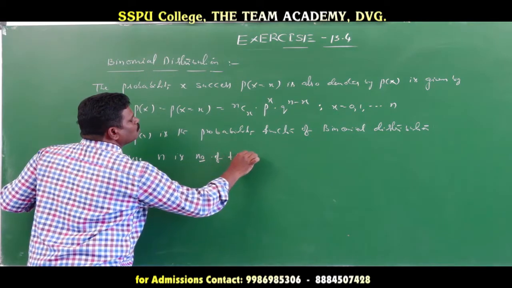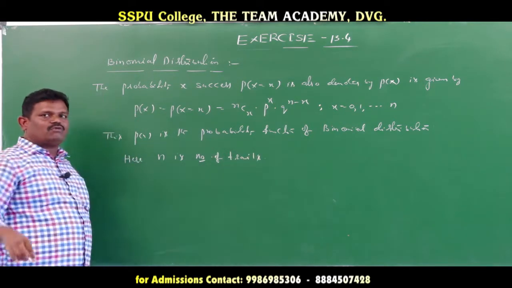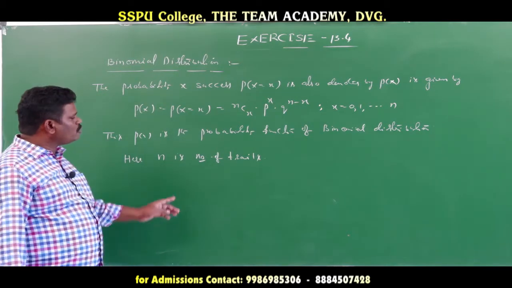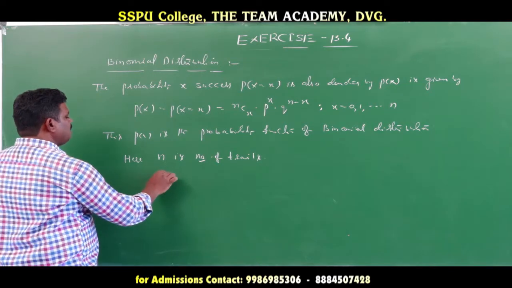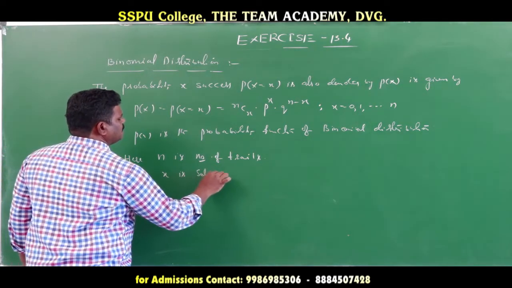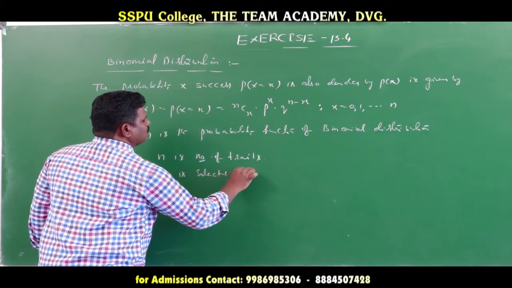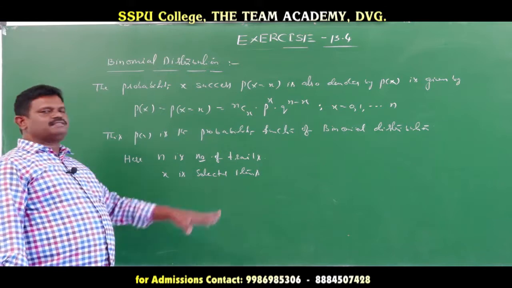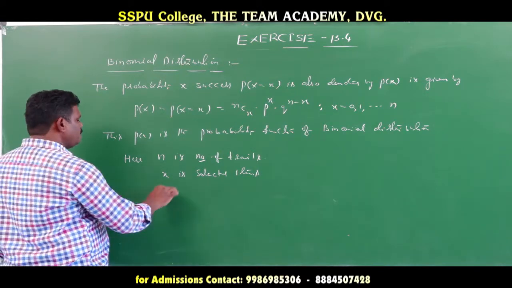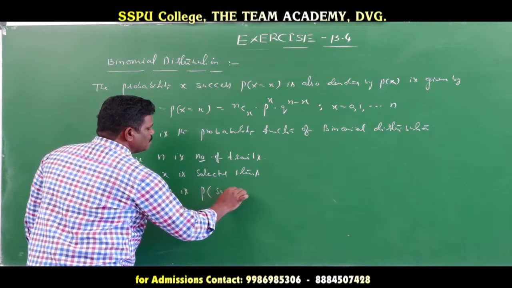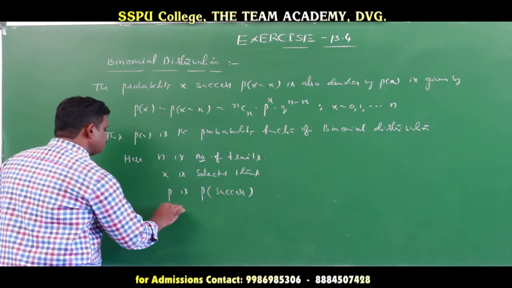Bernoulli trials means how many times the given experiment is repeated; that number is the number of trials. X is the number of selected success items, and p is the probability of success.